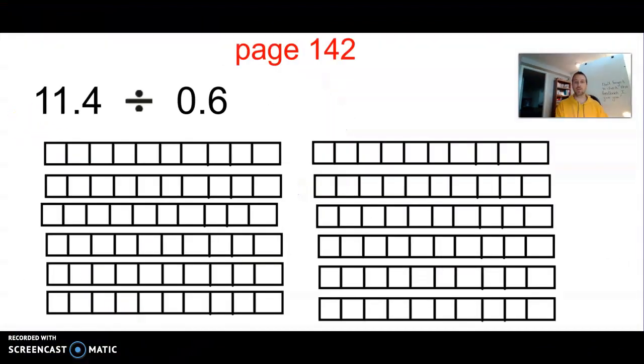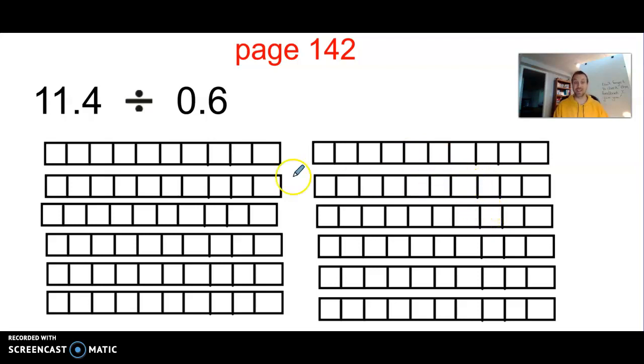In our first problem, I'm going to work on page 142, actually the left-hand side, that blank sheet. And we have 11 4/10 divided by 6/10. And what I did here is I made all our models ahead of time. Wondering why?